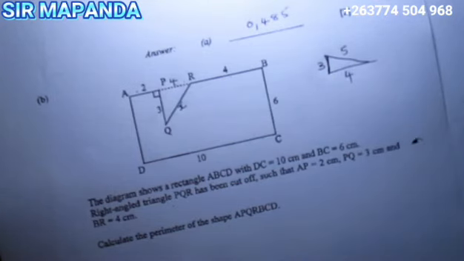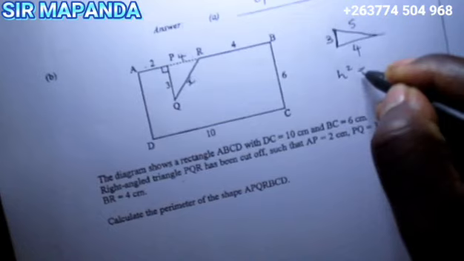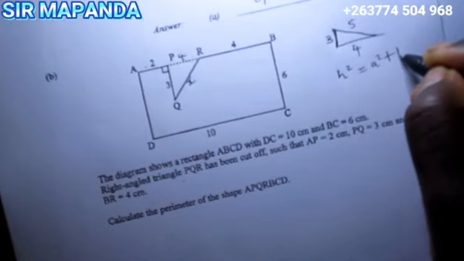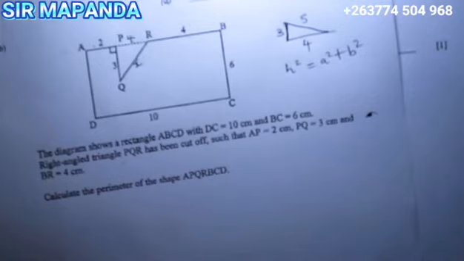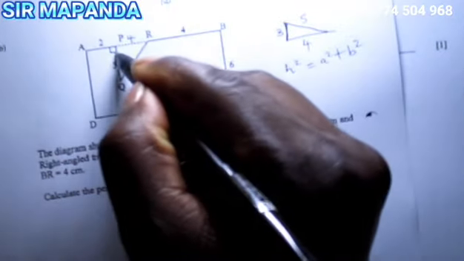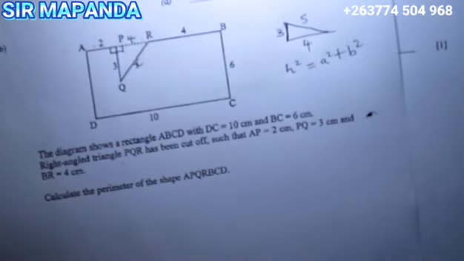But if you don't know the triples, you make use of the Pythagoras Theorem, which is h squared is equal to a squared plus b squared, where h is the side opposite to the 90 degree. In this case, our 90 degree is here, and x is opposite to that 90 degree.